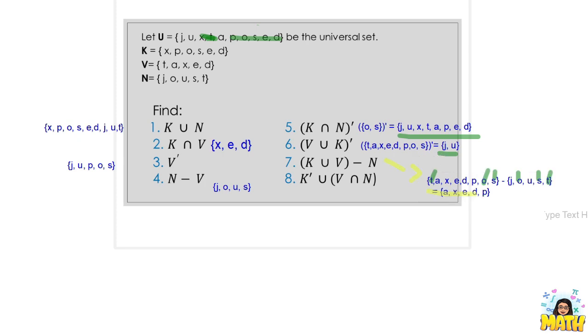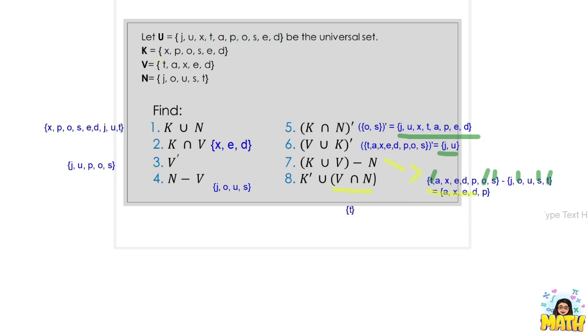And number 8, K prime union with the intersection of set V and N. So again, lagi nating uunahin ang nasa loob ng parentheses. So unahin muna natin ang intersection ng set V at ng set N. We have only T as their common element.